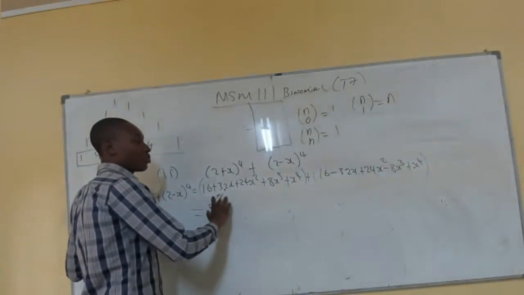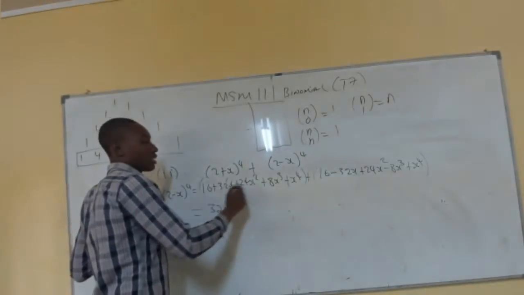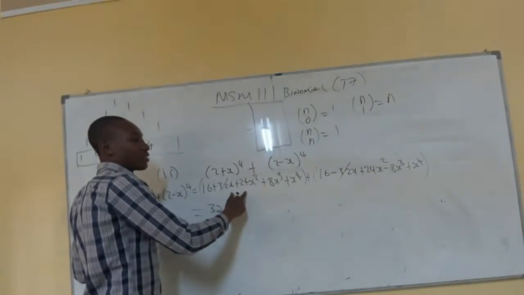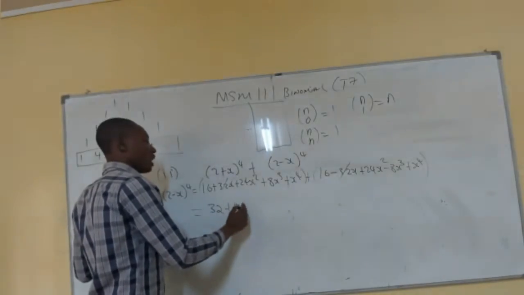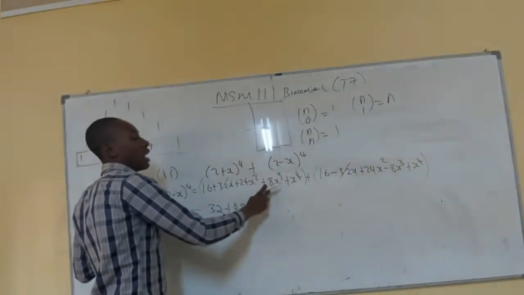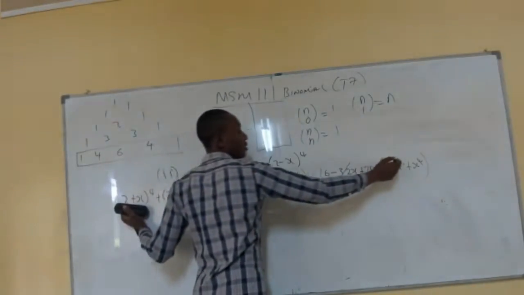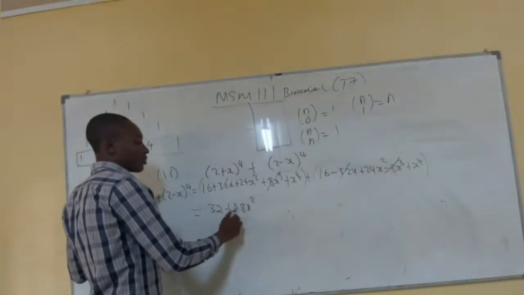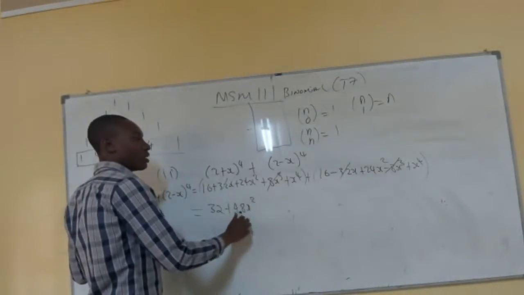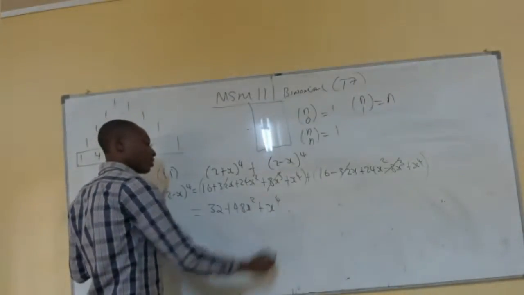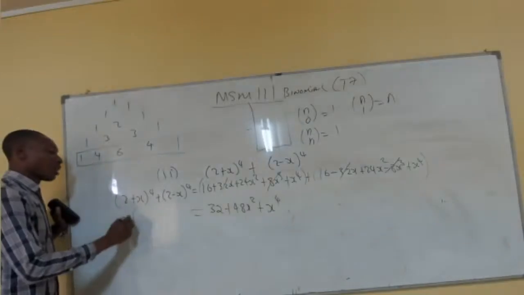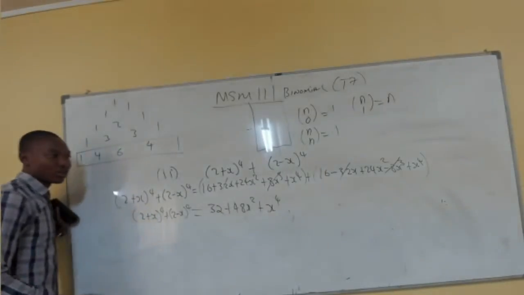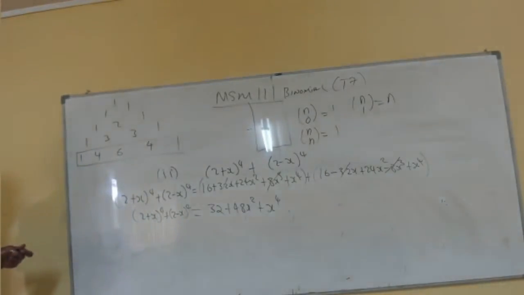We have 32x minus 32x is 0, so this and this will cancel. We have 24x squared plus 24x squared, which is 48x squared. 8x cubed, these two cancel. So we have 32 plus 48x squared plus x to the power 4. So this is what we have as 2 plus x to the power 4 plus 2 minus x to the power 4. So I've simplified.